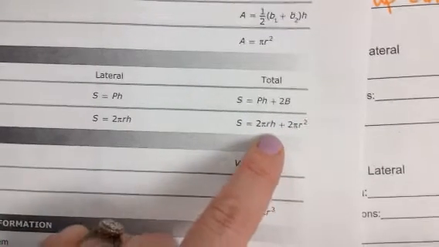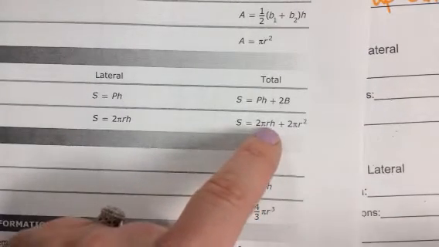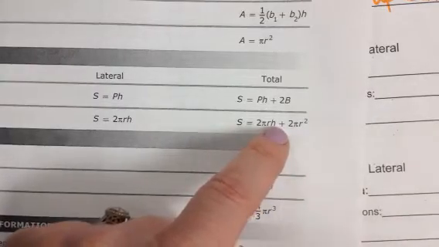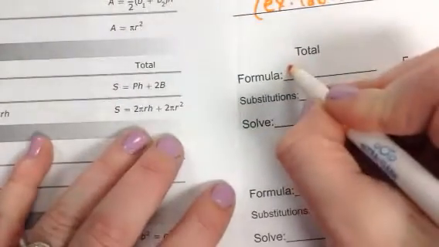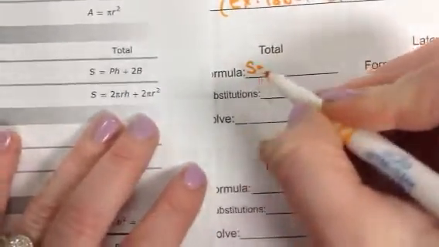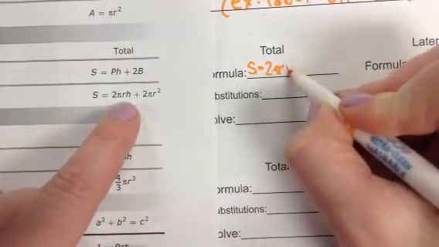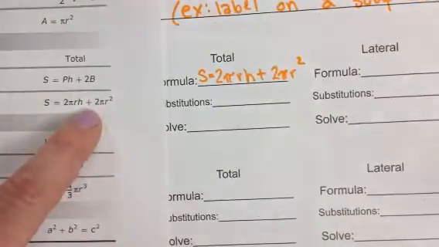So the only thing that we'll have to go and get from our cylinder is the radius, which you know is halfway through the circle part, and the height, which is if it's sitting on the circle, how tall is the cylinder, okay? So we're going to copy this to right here, so I write small S equals 2 pi r h plus 2 pi r squared.